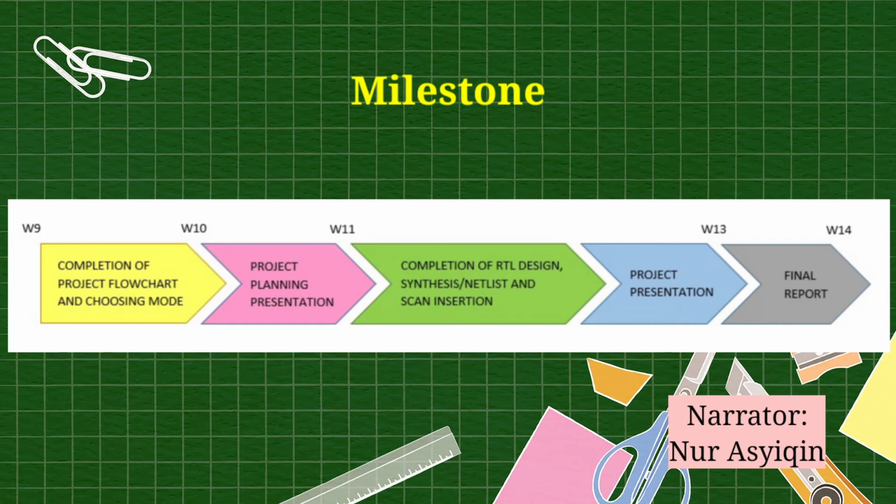The project planning is then presented in week 11. RTL design, synthesis, netlist, and scan insertion will be made during the process implementation phase with the expected date of presentation in week 13. After all this project has been completed, the final report will then be submitted in week 14.